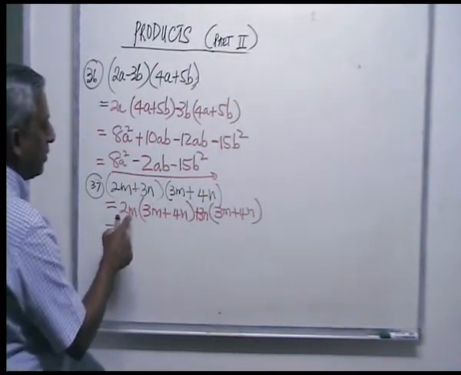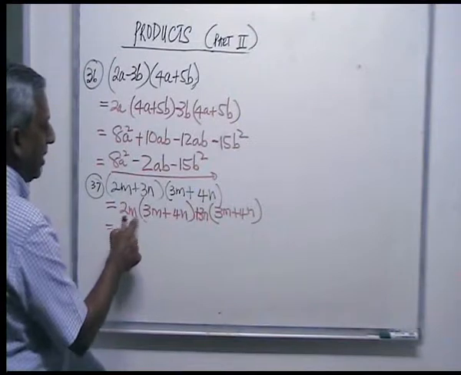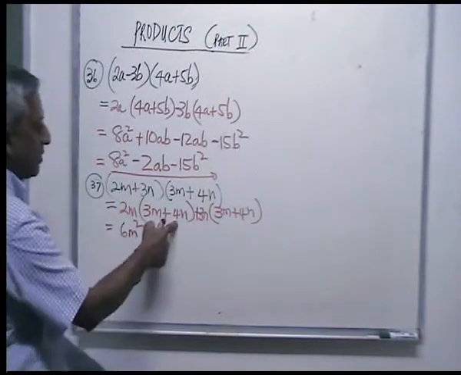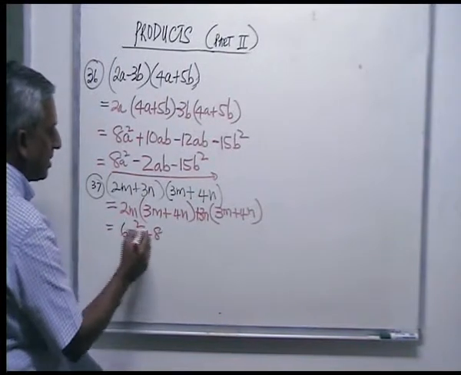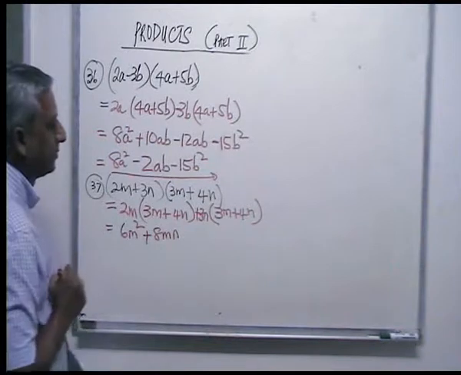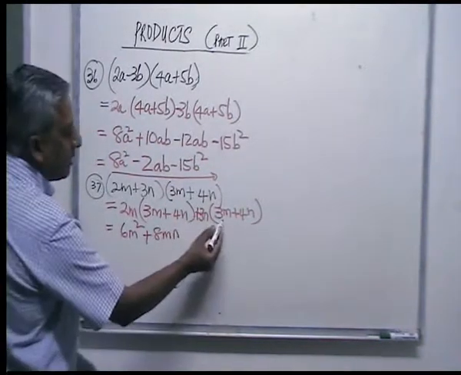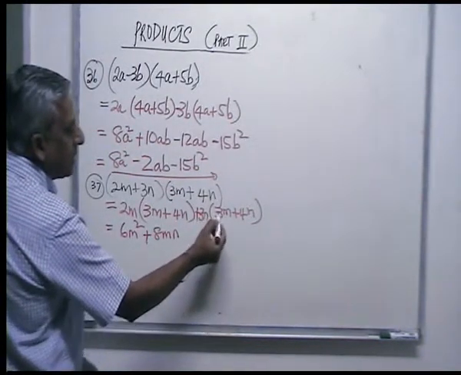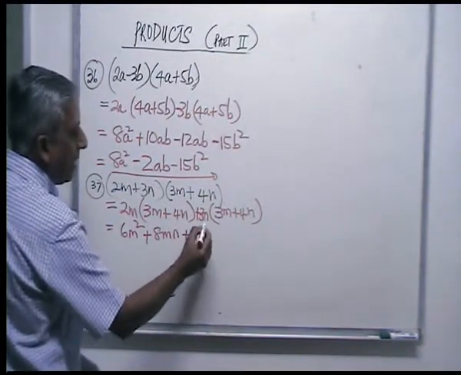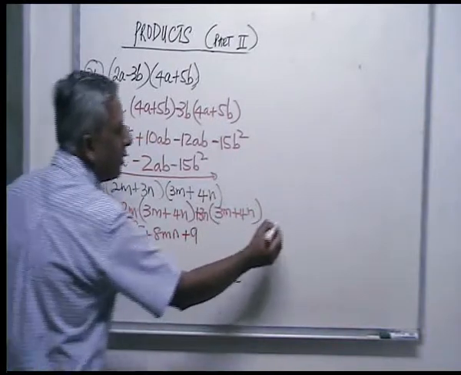Now you multiply 2m, 2 3s, 6m times m squared. 2 times 4, 8. M times n will give you mn. Now multiplying here, 3n times 3m. 3 times 3 will give you 9. N times m.